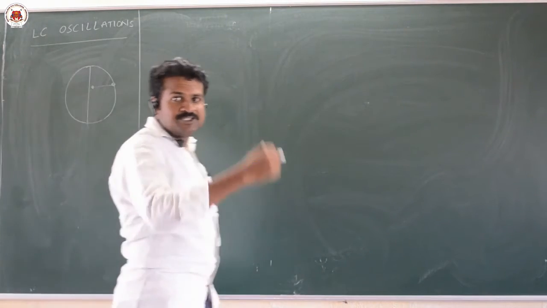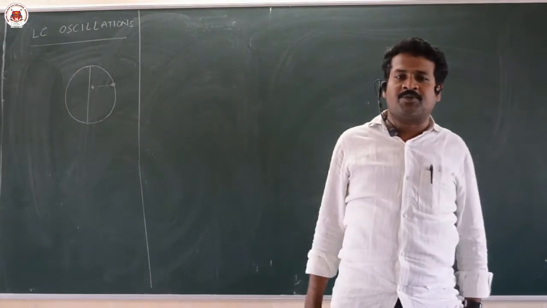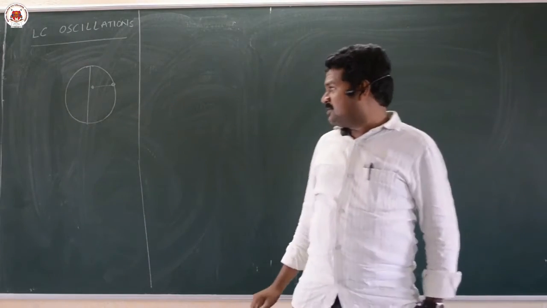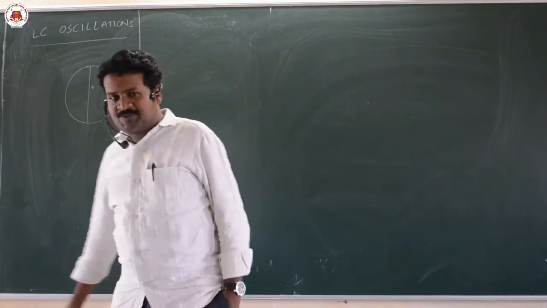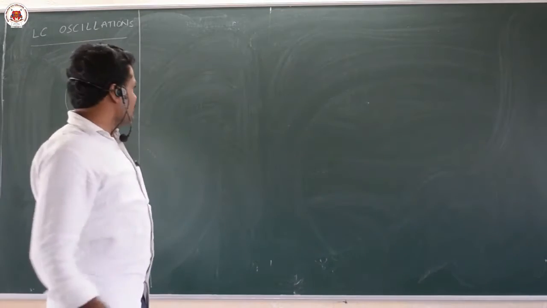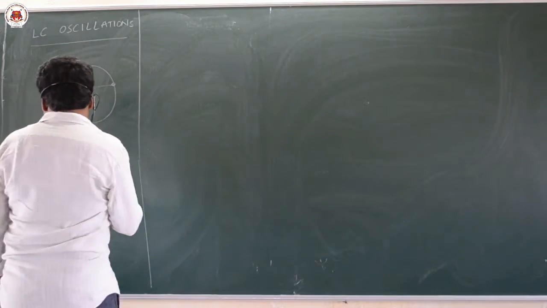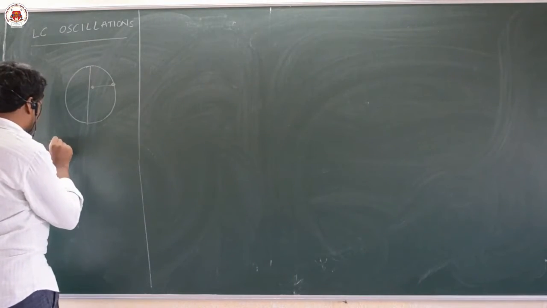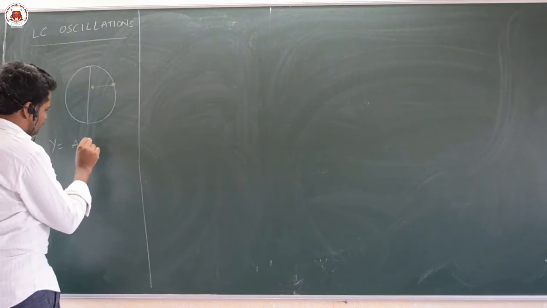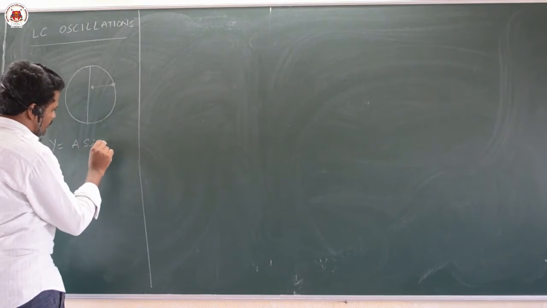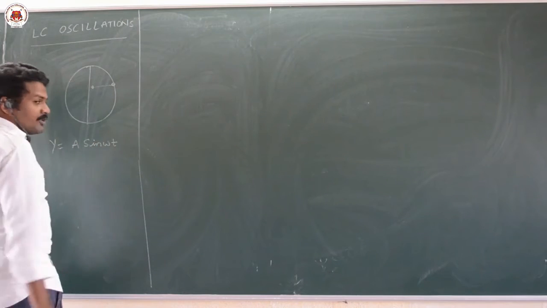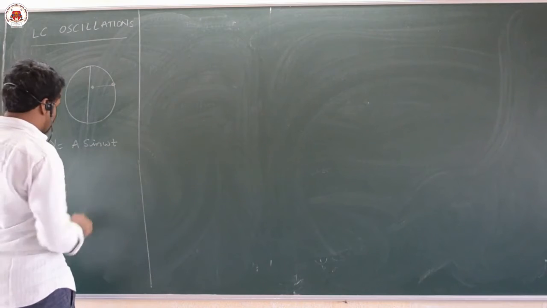That type of oscillation we call simple harmonic motion. There we calculated the displacement of this foot of the perpendicular as y = a sin omega t. It is starting from the origin.